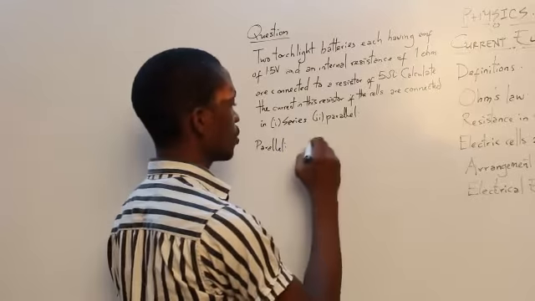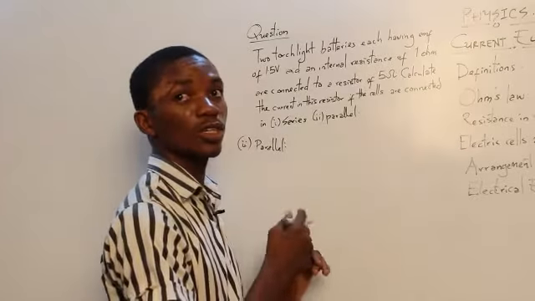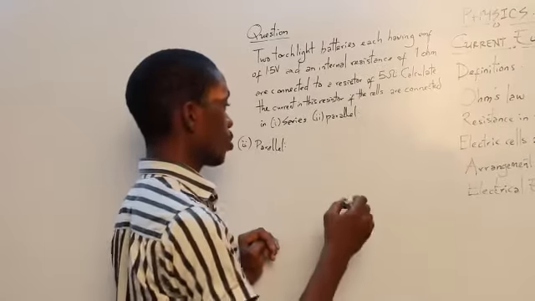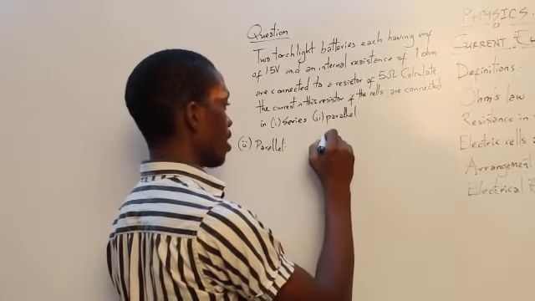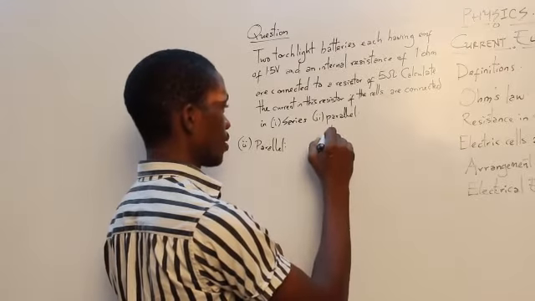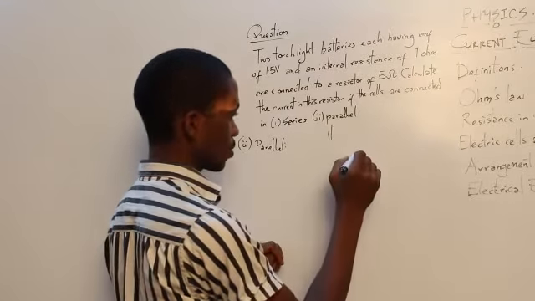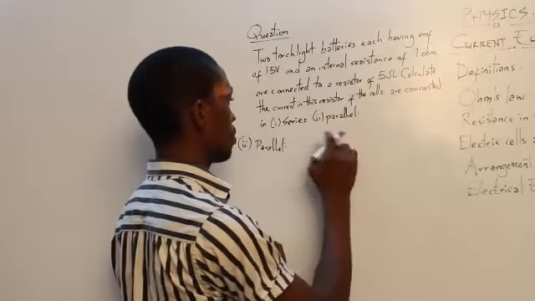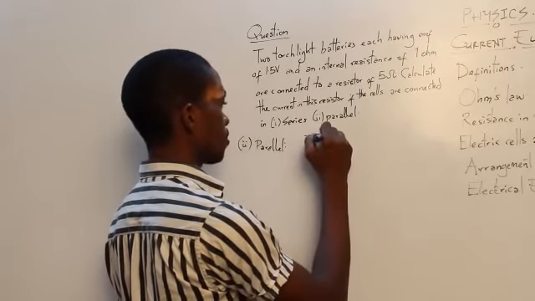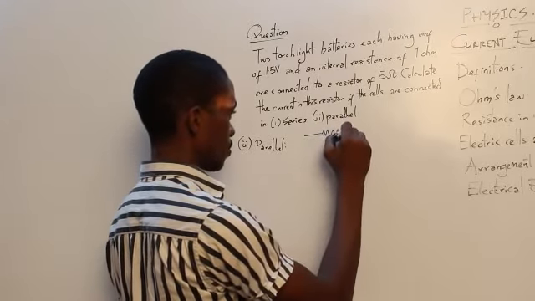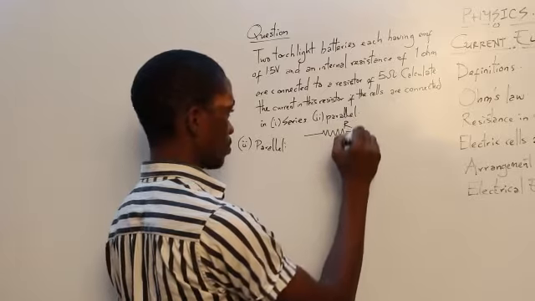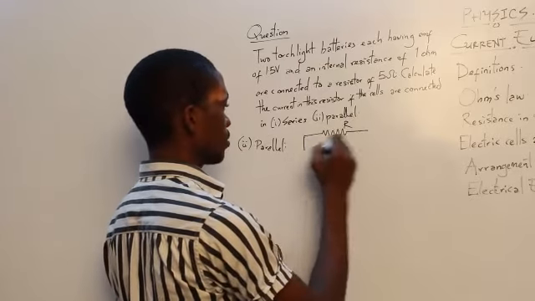In a parallel connection, it will look different. What would it look like? Yes, we would have our circuit. Let me start with the resistor up. Our resistor will be there.